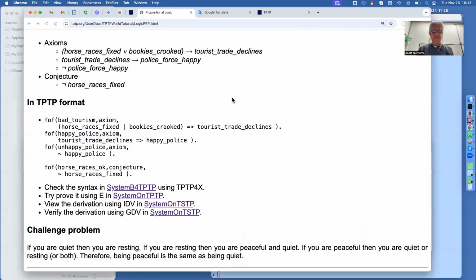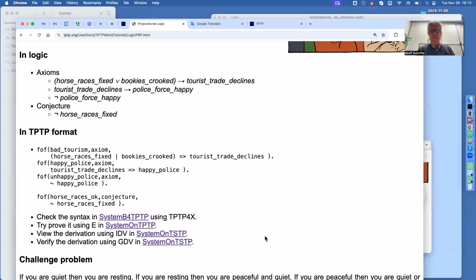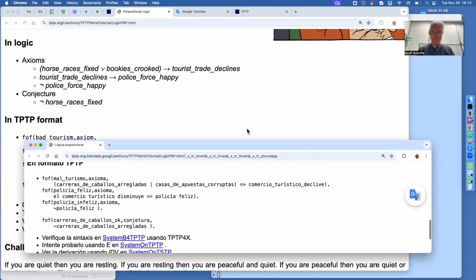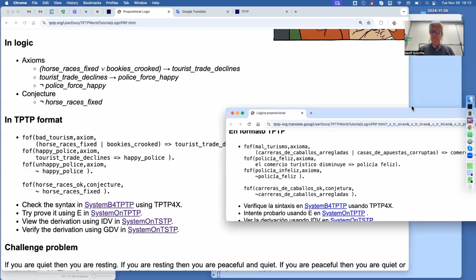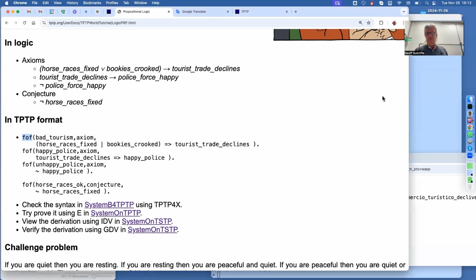Let's just skip that. Let's write it in TPTP format. So in this example, we need to write down the axioms and write down the conjecture using the TPTP language. So here we have first order logic.